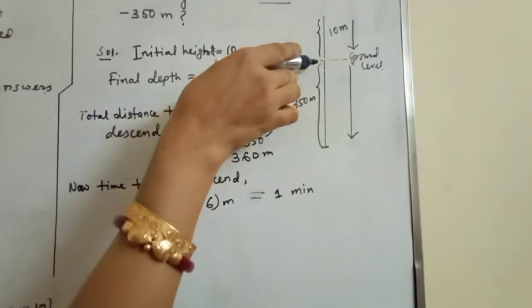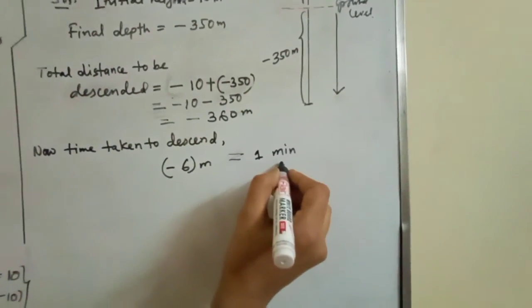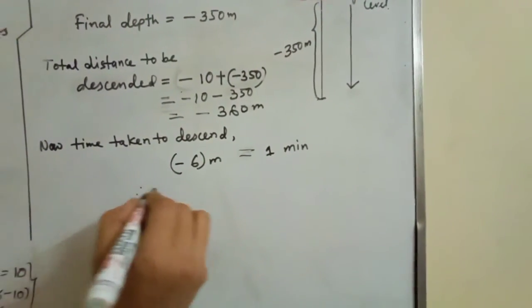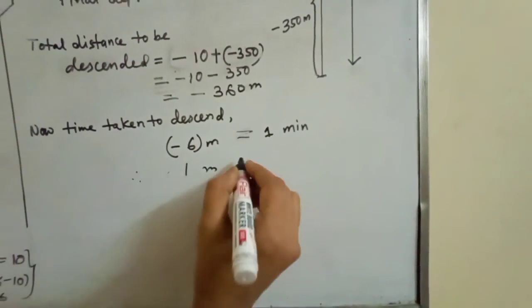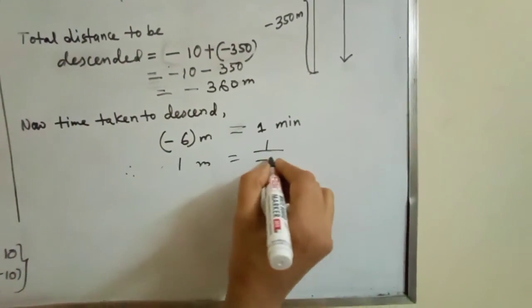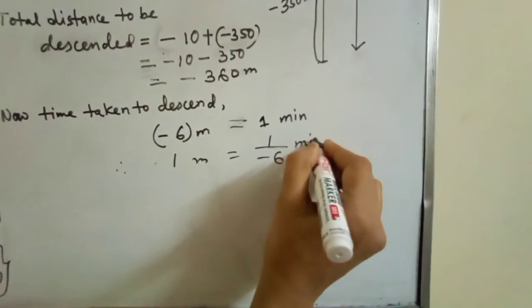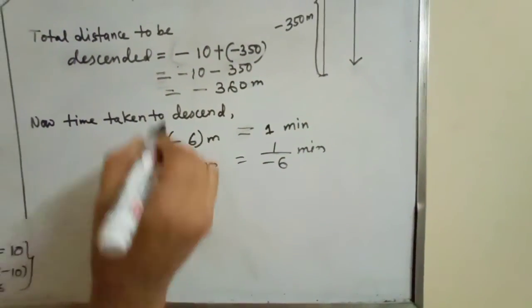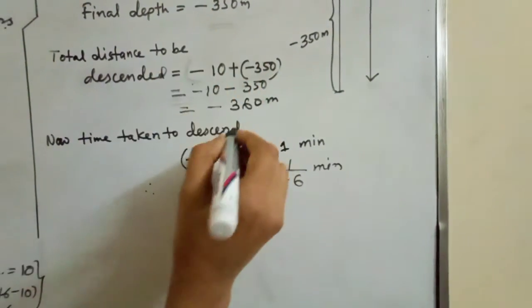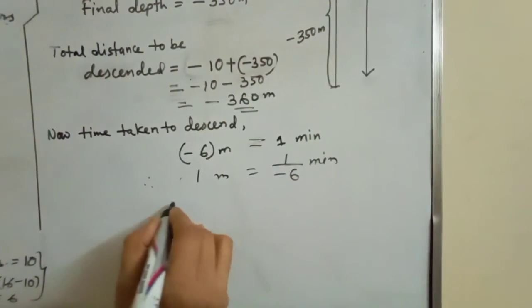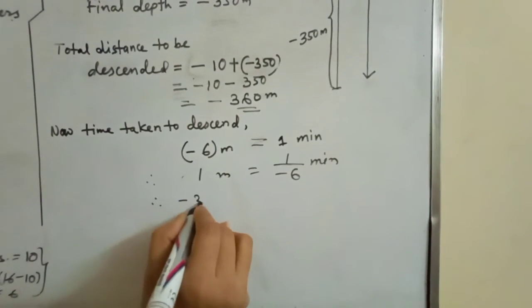Therefore minus 1 meter in 1 by minus 6 minute, and the ultimate distance it has to cover is minus 360 meters.